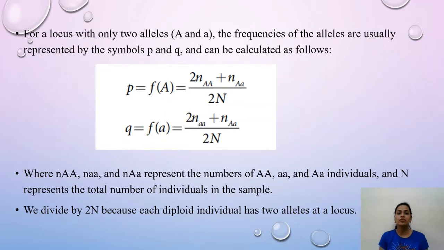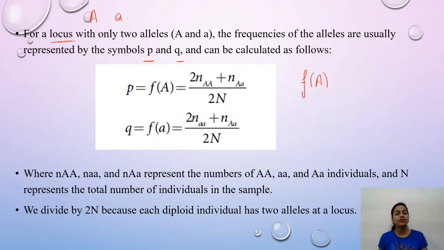Suppose for any one locus, or we can say any one gene, there are two alleles, capital A and small a. The frequencies of the alleles are usually represented by simple P and Q. First of all, let us understand this P and Q. If I write F of A, that means I'm talking about the frequency of the A allele, the dominant allele.